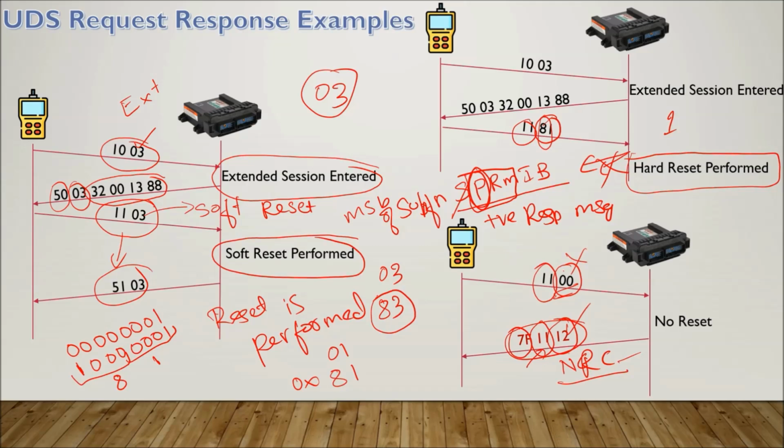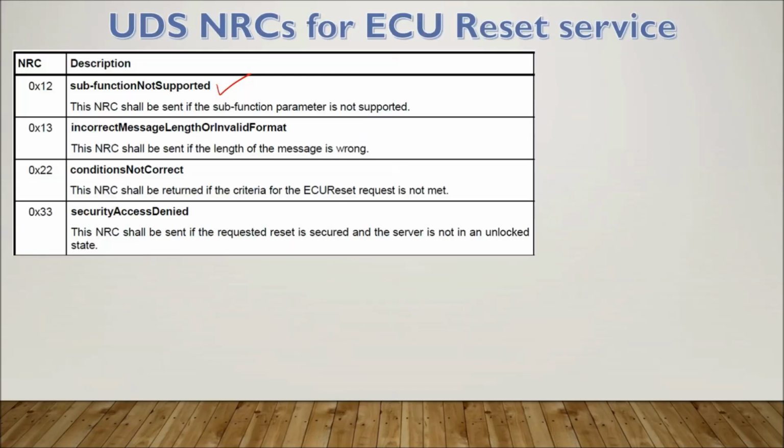And what are the possible NRCs this ECU reset supports according to the UDS document? These four are the minimum NRCs which have to be supported by the ECU reset service in any ECU which supports UDS. Hexadecimal 12, that is subfunction not supported, which we saw in the previous example.